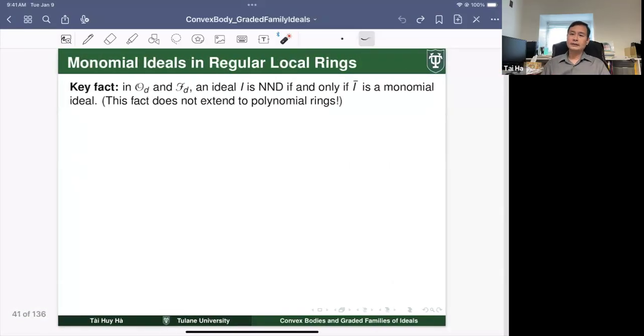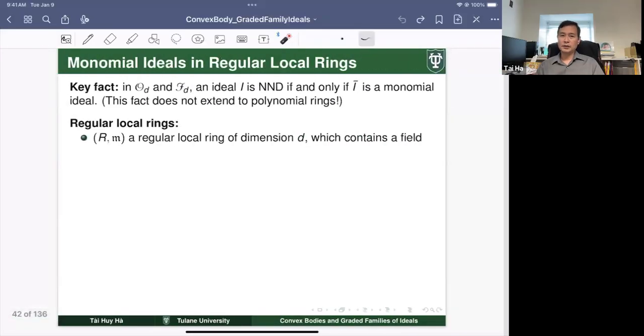So a key fact that makes this class of ideals interesting, at least for me and for a few others that have looked at this class of ideals before me, is that in the analytic context, an ideal is NND if and only if its integral closure is a monomial ideal. Now, unfortunately, when we start looking at this class of ideals, this fact does not extend to polynomial rings. But fortunately, we discover that it works for regular local rings.